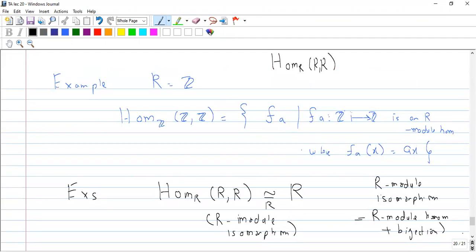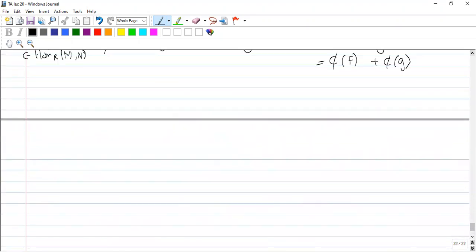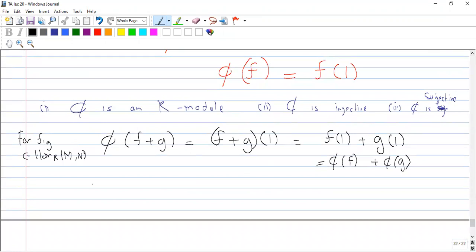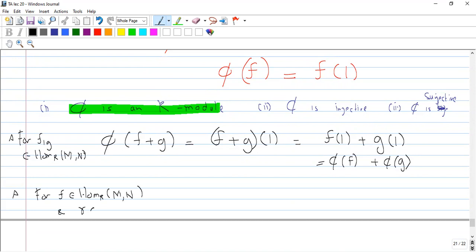And what is the second property? No, right now I still have to prove the R-module homomorphism. At this point I need the scalar property, that for f in Hom_R(M, N) and r from the ring, if I apply phi on r dot f, because this r dot f is a scalar multiplication, I will actually get the evaluation of this map at 1, and by definition it is equal to r of f of 1.